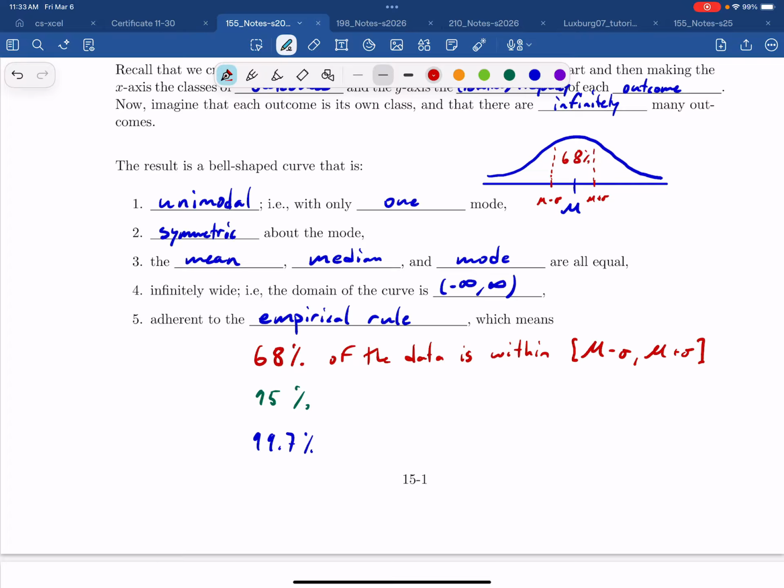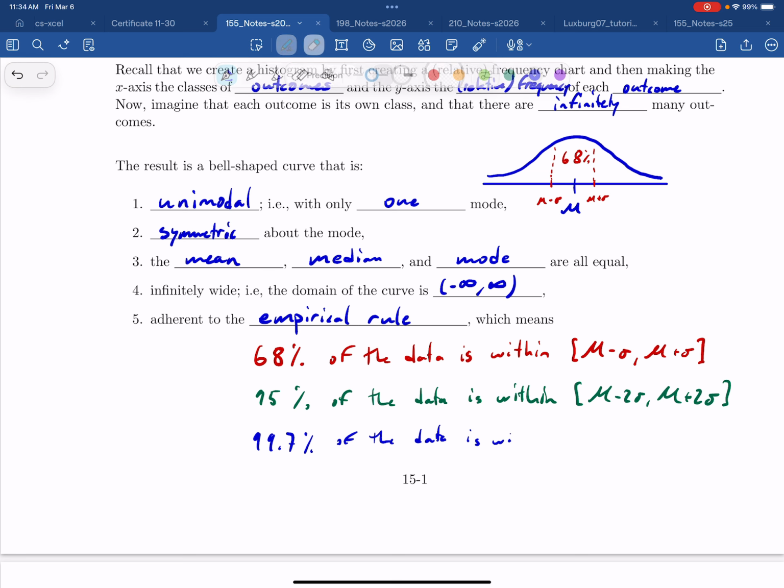Similarly, 95% of the data is within mu minus 2 sigma to mu plus 2 sigma. And I'll draw them both. 99.7% of the data is within mu minus 3 sigma to mu plus 3 sigma.